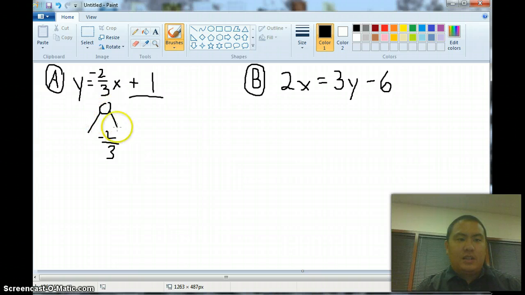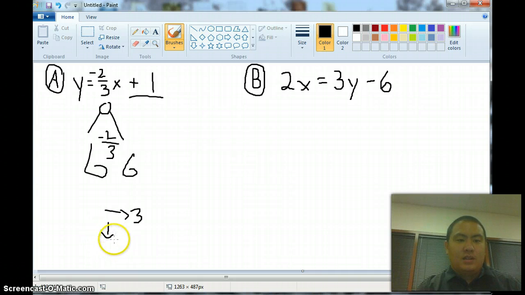Here's his body, here's his legs. So you look at his body and his legs. We look at the legs first, and it tells me to go over 3, so 3 to the right and down 2.